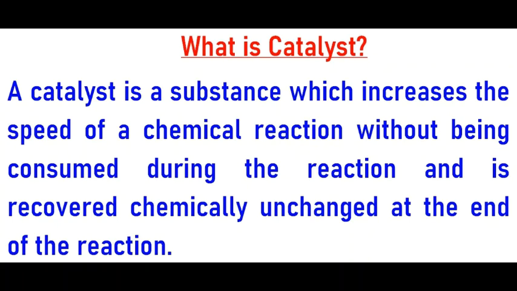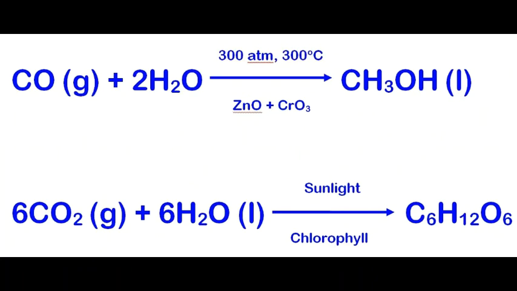It does not take actual part, but it helps increase the speed of the reaction. Like you see in the next example, we have already seen that here the catalyst is zinc oxide and chromium oxide. They remain unchanged, but they help increase the speed of the reaction.